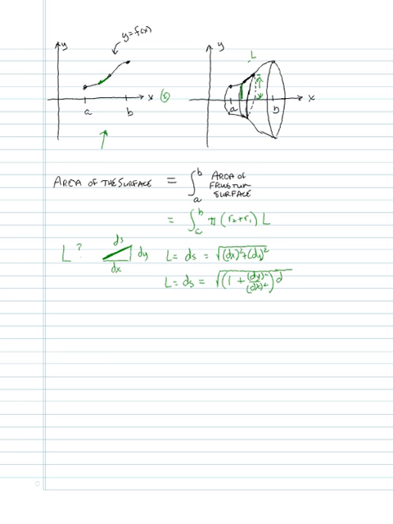So that allowed us to take the square root of the dx squared and rewrite the dy squared over the dx squared. So we ended up with ds, if you recall, is the square root of 1 plus dy over dx, which is the derivative of y, squared, times dx. So now we have a replacement for that L, okay?